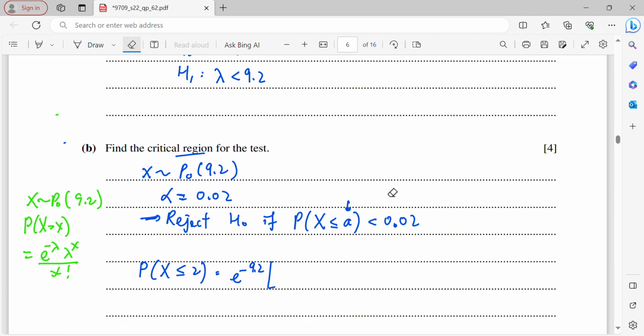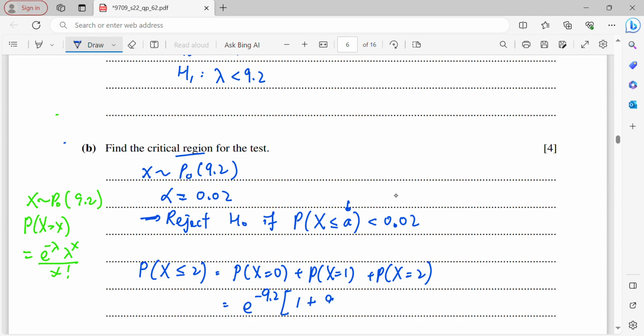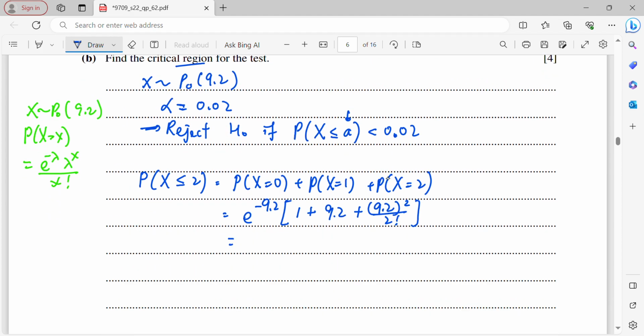Let me show step by step. X ≤ 2 means P(X = 0) plus P(X = 1) plus P(X = 2). Then e to the power of negative 9.2; when 0, I get 1; when 1, I just write 9.2; X = 2 means 9.2 squared over 2 factorial. Then here you will get 0.00531. This is less than 0.02.